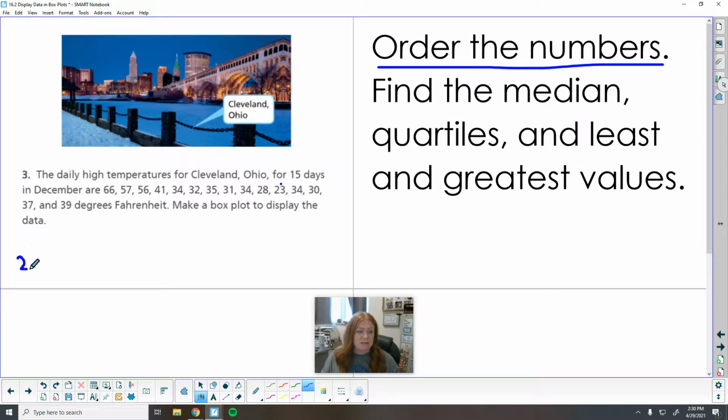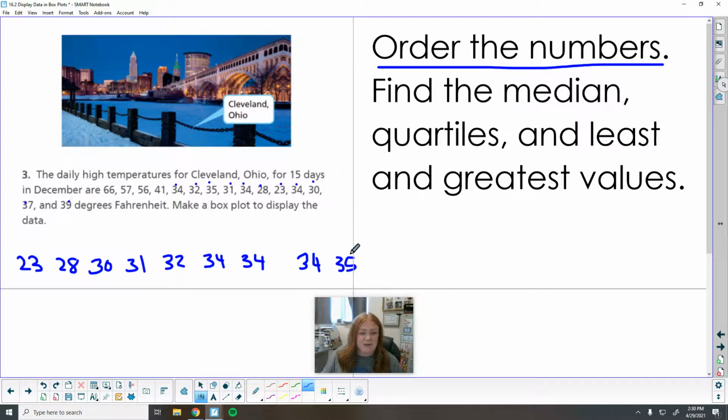So 23 is the smallest, and then 28, 30, 31, 32, then 34, 34, 34, 35, 37, 39.